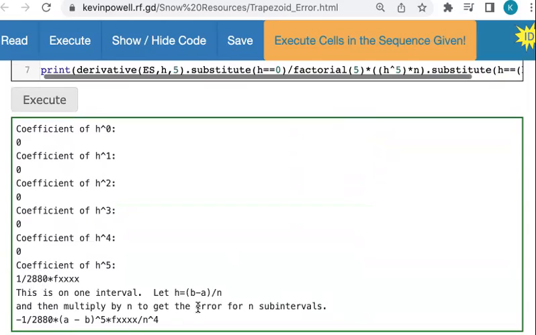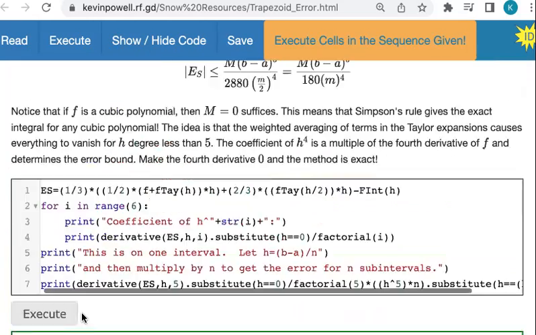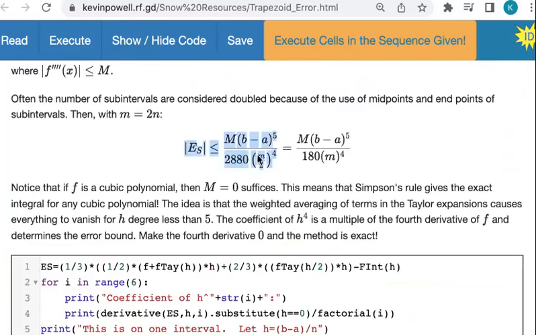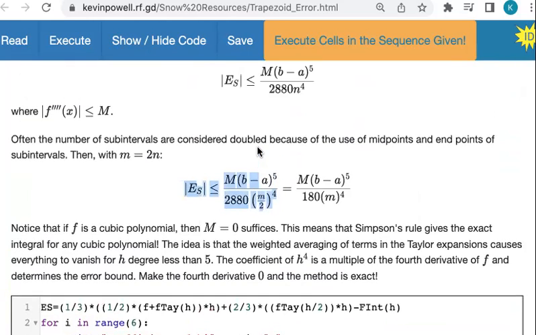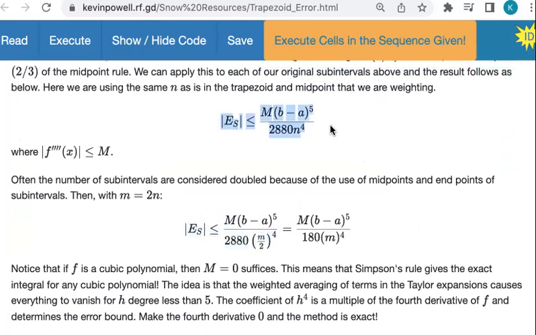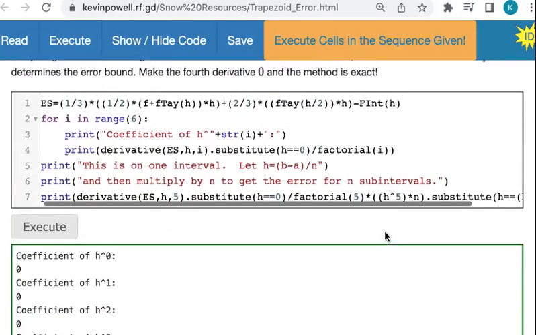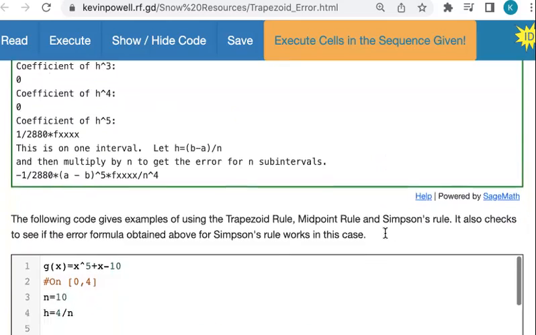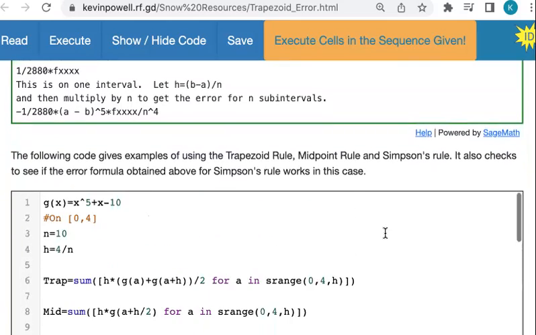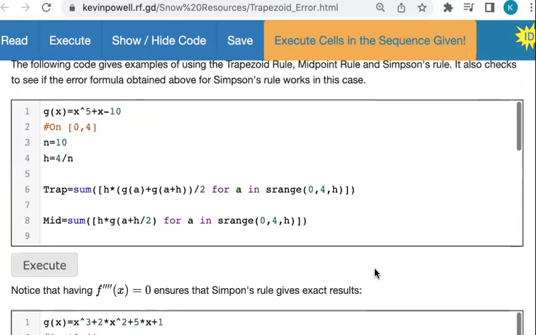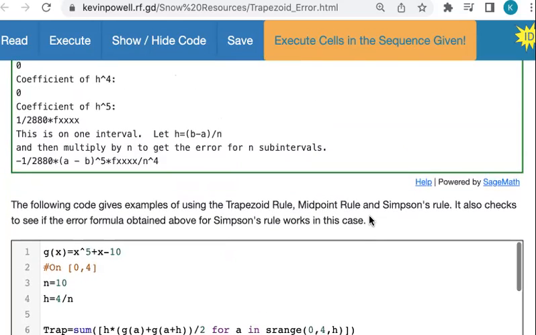And using the same modification of that term, we end up getting our nice bound, which is right here. Well, right here. This down here shows just how you can modify it if you wanted to use 2n instead of n.